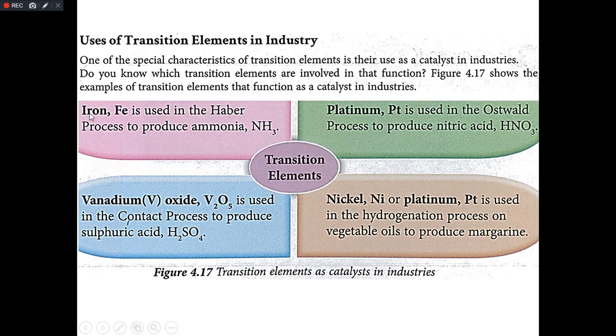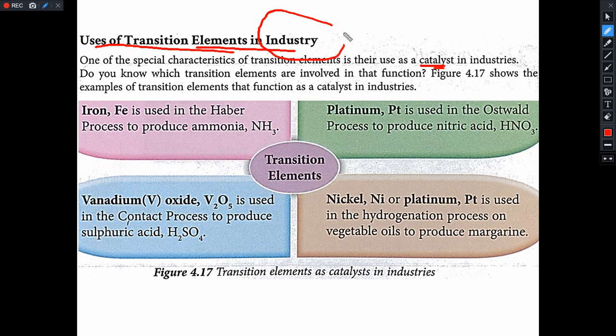Again, this slide is talking about the uses of transition elements in industry. They always function as catalysts. What is catalyst? Catalyst is a substance which can speed up the rate of reaction, and commonly used in industry because we want to produce a large amount of yield in a very short time.